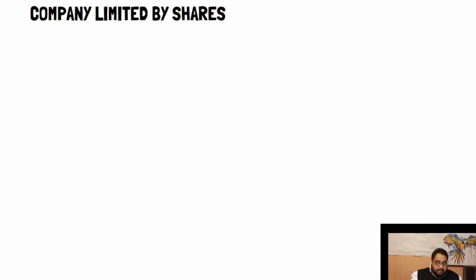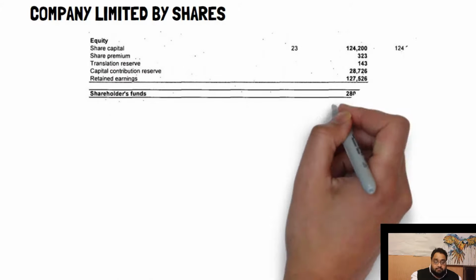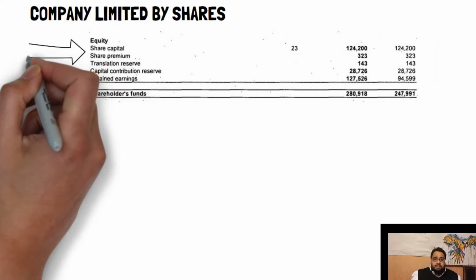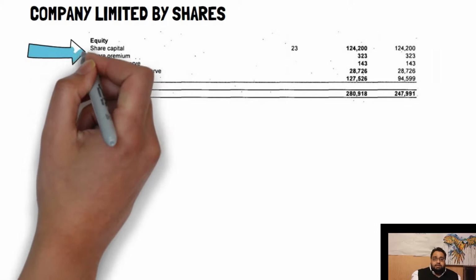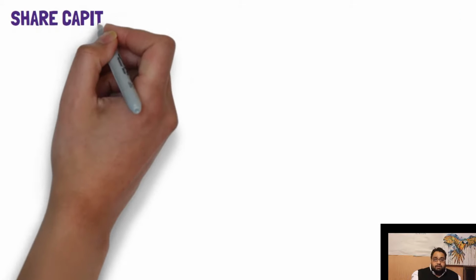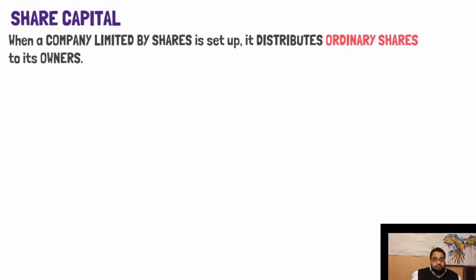We're focused in now on corporations, on companies that are limited by shares. When a company is set up, it distributes its shares to its owners. So in the UK, when a company is set up, it has to have at least one share, and that is given to its owners or its shareholders.